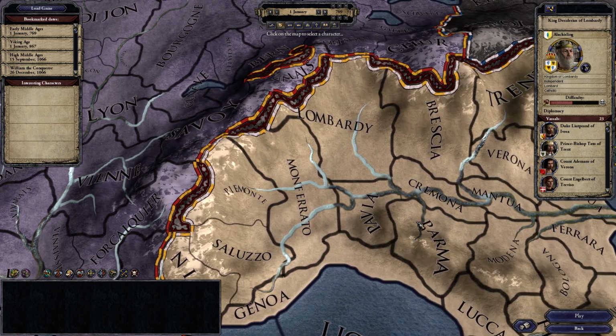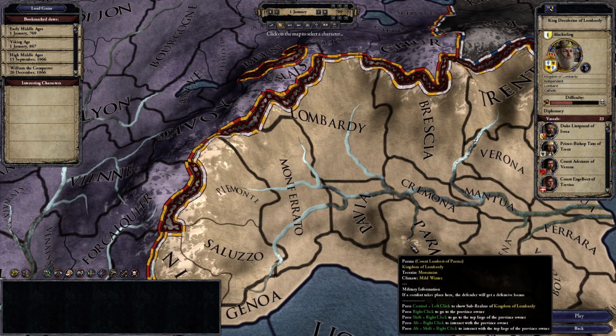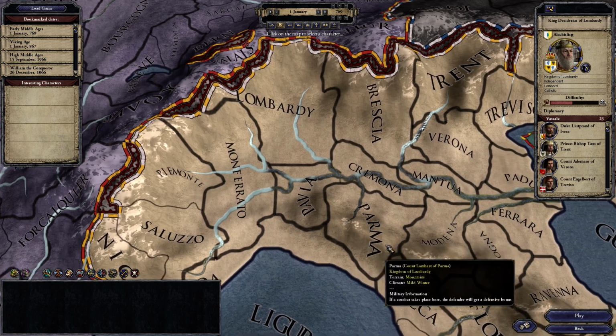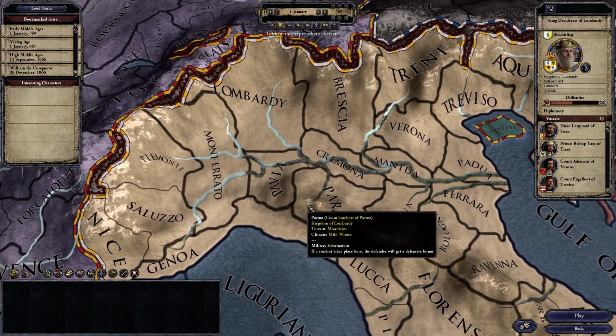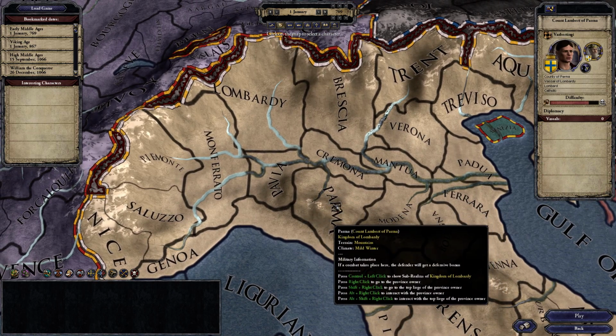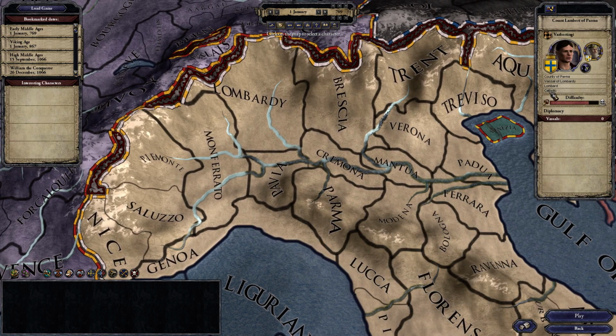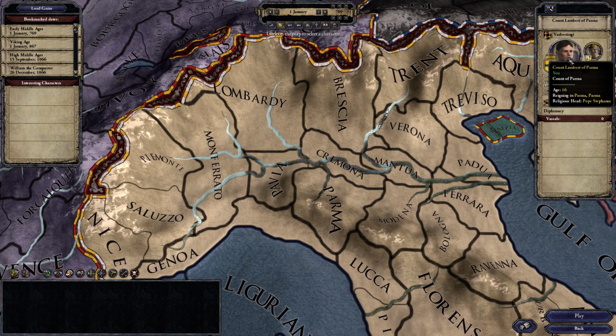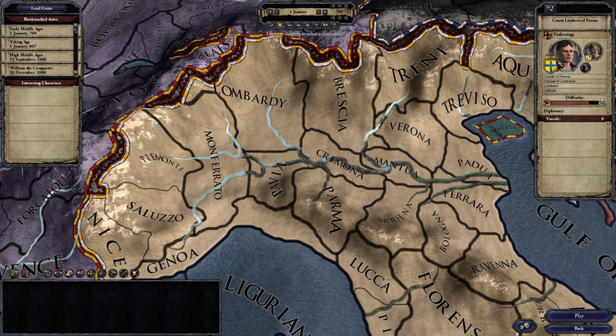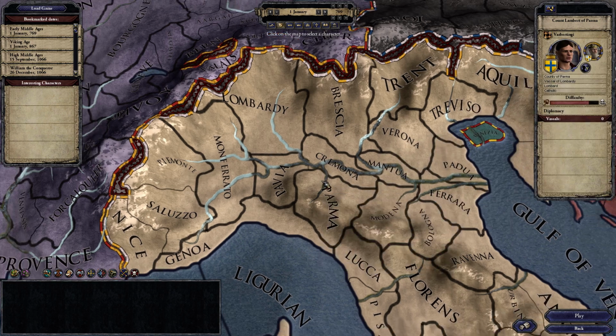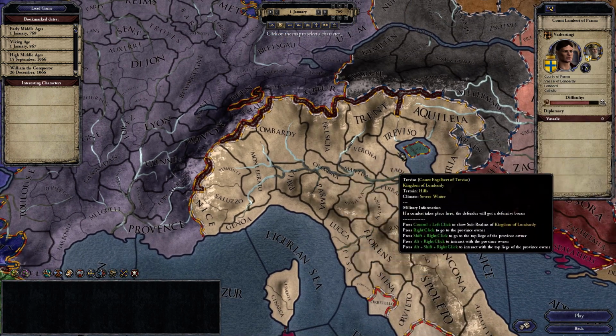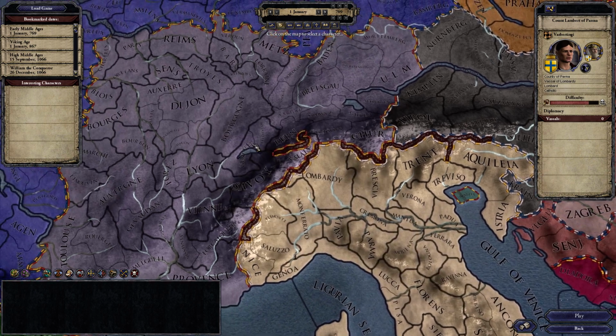A count is the head of one county. For example, here in northern Italy, the county of Parma is ruled by the Count of Parma, which is this guy, and he has all kinds of stats, but you will see that in the game.